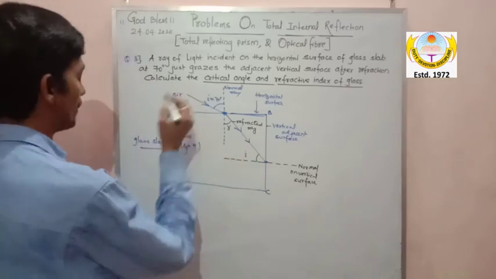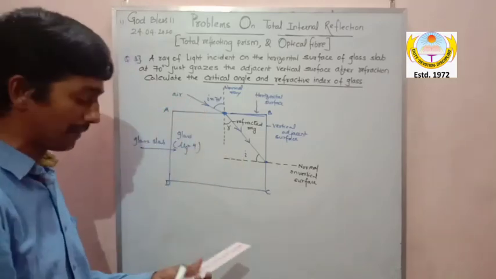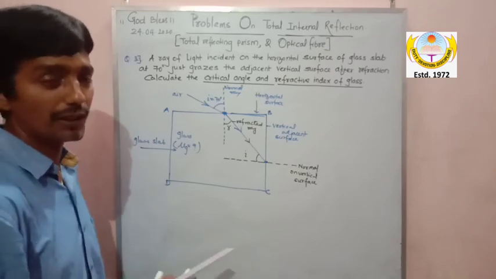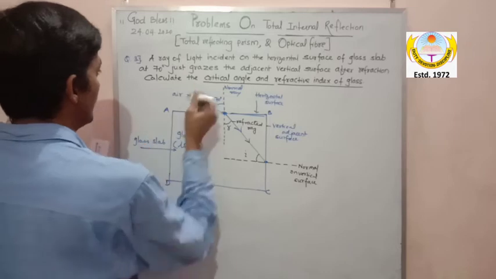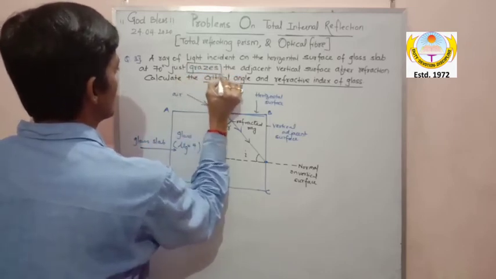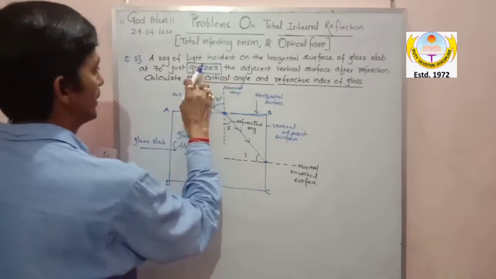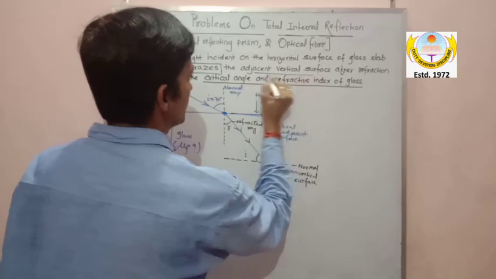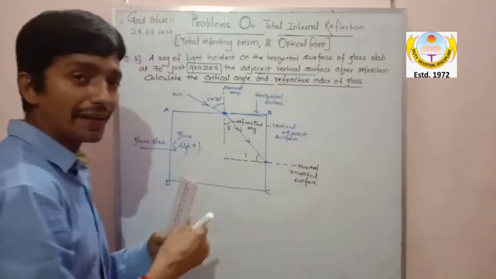But here there is a word given in the numerical. There is one very important word given, my dear, which you are supposed to catch. And what is the word? They have given the word just grazes. This word is a very important word. Just grazes the adjacent vertical surface. What is the meaning of grazes?